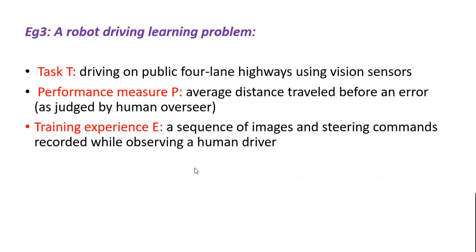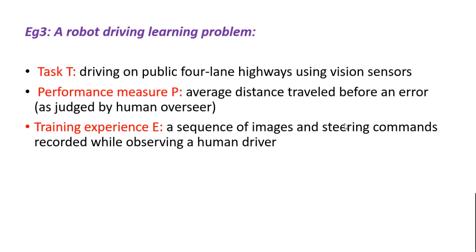Now third one, a robot driving learning problem, right? All of us are now talking about robotic AI driven cars, AI driven vehicles, right? So definitely this is a well-defined problem, because the task here is to what? To drive on, let's say, a 4-lane highway using some sensors. Definitely it will have vision sensors. So what is the performance here?